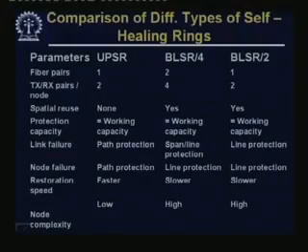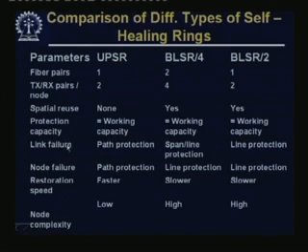So, we can compare the 3: UPSR, BLSR 4 and BLSR 2. For example, fiber pairs are 1, 2 and 1, transmission receiver pairs are 2, 4 and 2. Spatial reuse in UPSR it is none, in BLSR 4 it is there, and in BLSR 2 it is there. Protection capacity is equal to the working capacity.